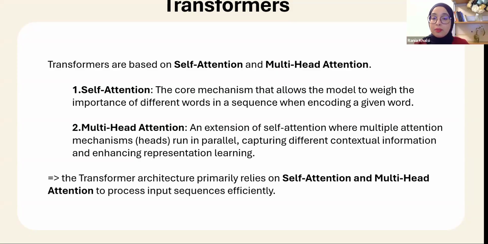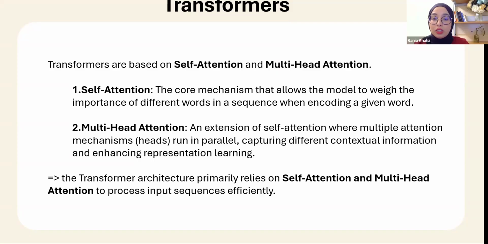These two mechanisms covered in the last video are what make transformers powerful and efficient. Just to summarize again, self-attention is a core mechanism that allows the model to evaluate how important each word is relative to the others when encoding a given word. And it captures relationships across the entire sentence without relying on recurrence.